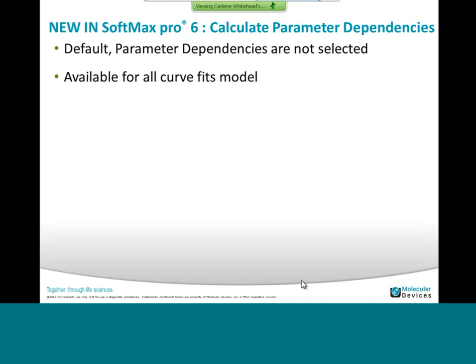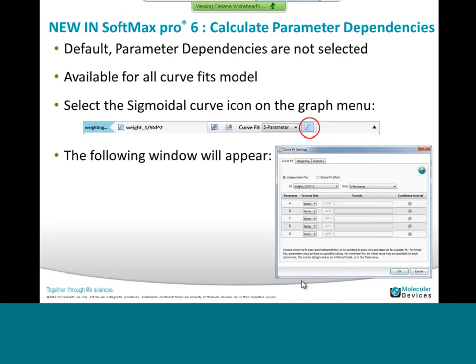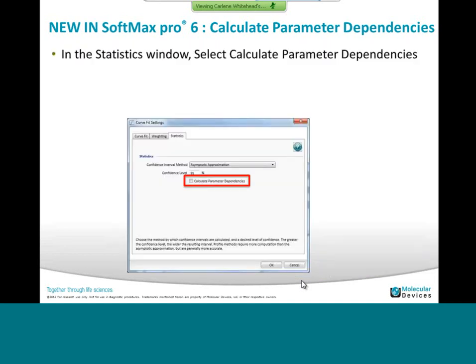By default, it is not selected, and it will be available for all curve fit models. In order to select it, you have to select the sigmoidal curve icon in the graph menu. This is the graph options. Once you select this, the following window will appear, and you have to select the statistic option. In the statistic window, you have to select Calculate Parameter Dependencies.